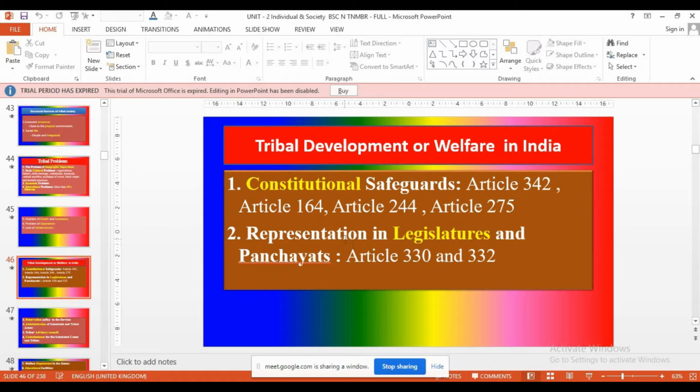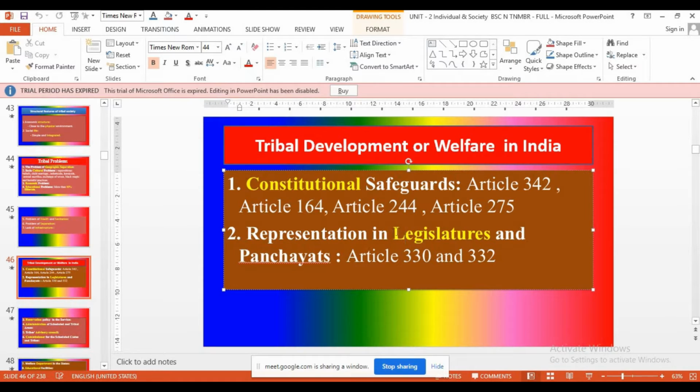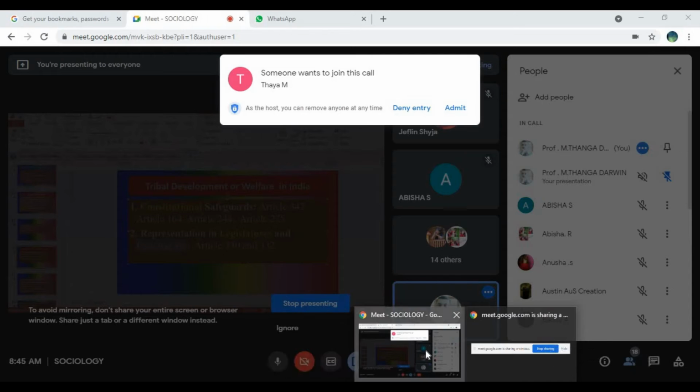Second, representation in legislatures. For example, Article 330 and 332 emphasize, mainly in Panchayat elections, that they are governed by tribal people.